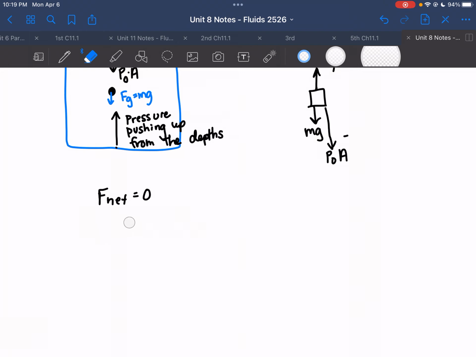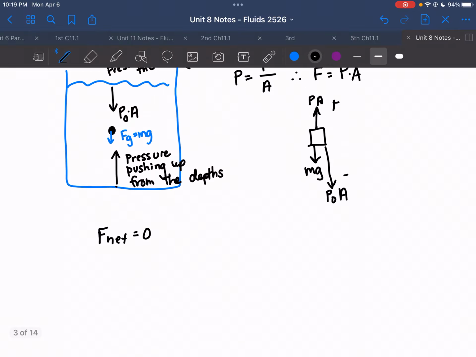And so because of that, I'm going to set the forces that are going upwards, which is P times A, equal to the forces going downwards, which is mg plus P naught A.